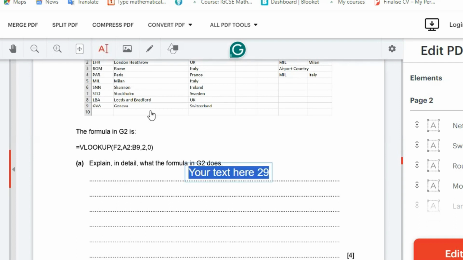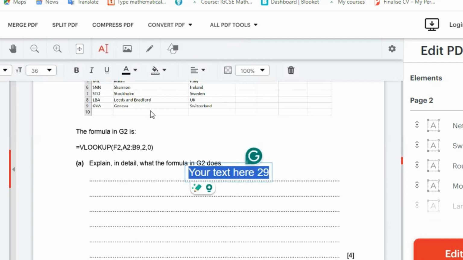So the simple explanation is it looks up F2. You see you have F2 there. Spreadsheets are in rows and columns, so it's asking you to look up F2.